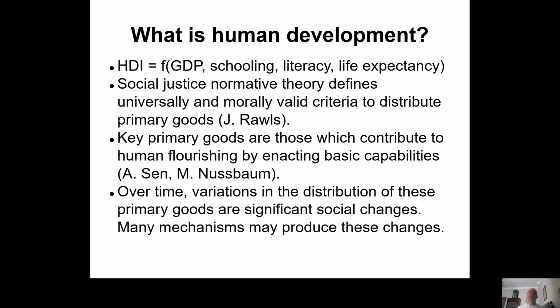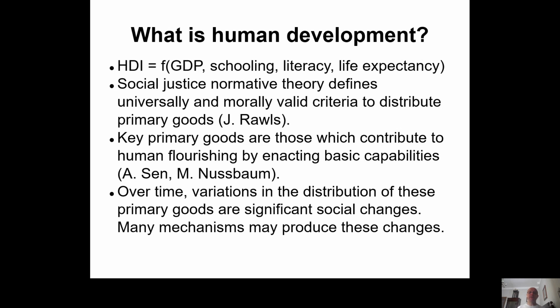So the point nowadays is not only how much is the GDP per capita throughout the world, but to what extent people can actually develop their capabilities in all the countries and all the regions of the world.